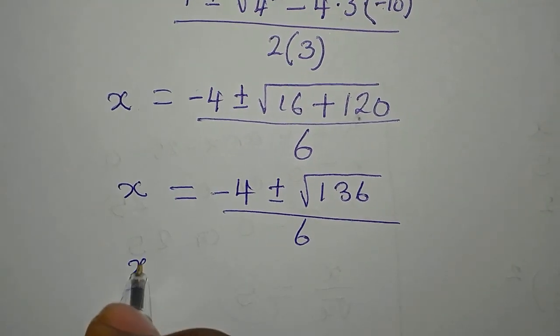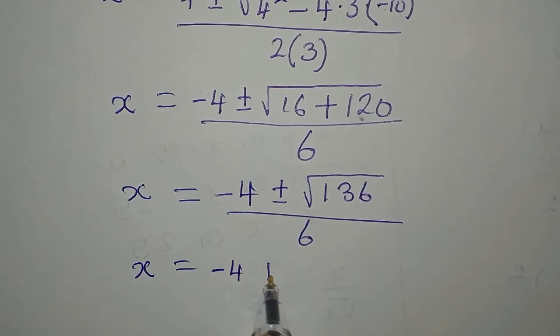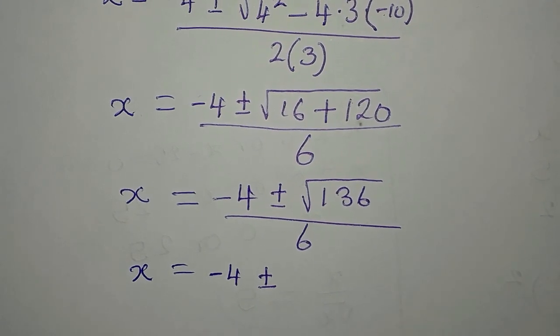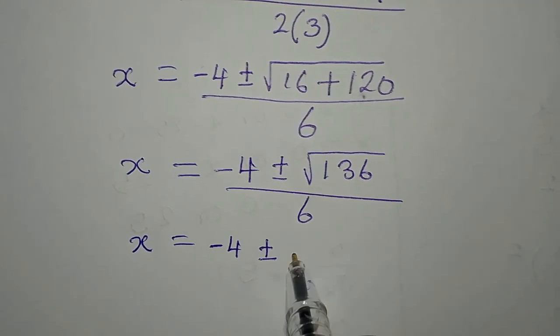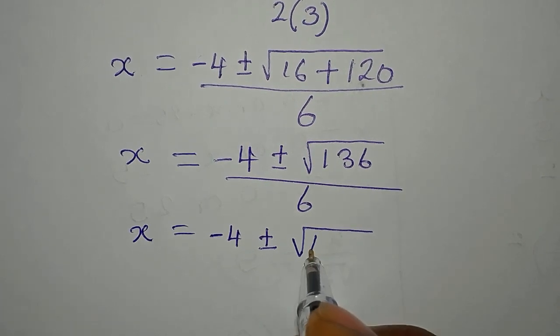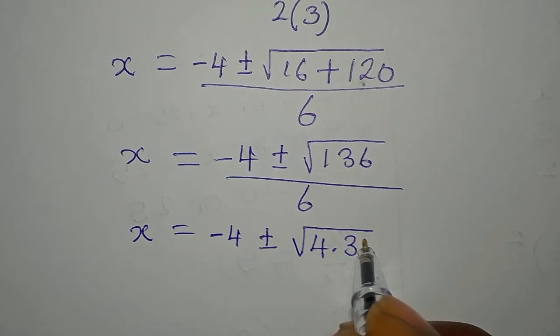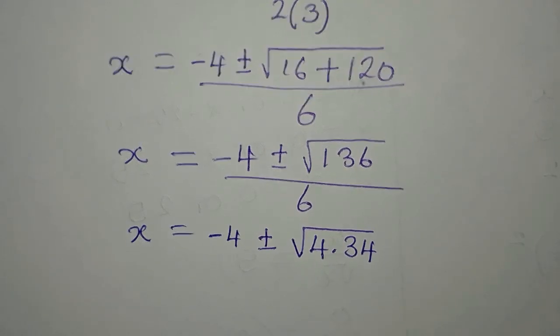Now x from here will be equal to minus 4 plus or minus, can we break this 136 down? Yes, we can. 136 is the same thing as 4 multiplied by 34, right?